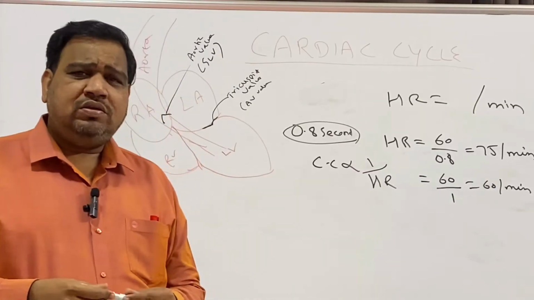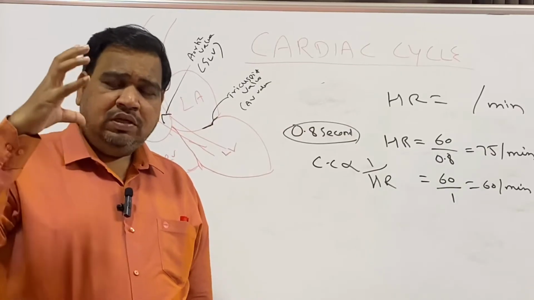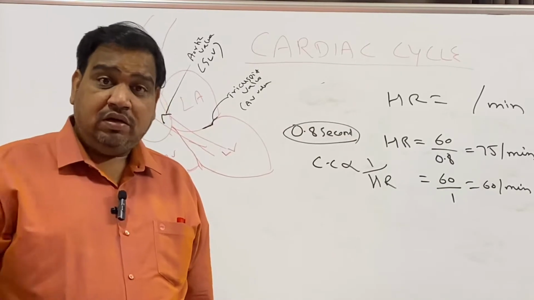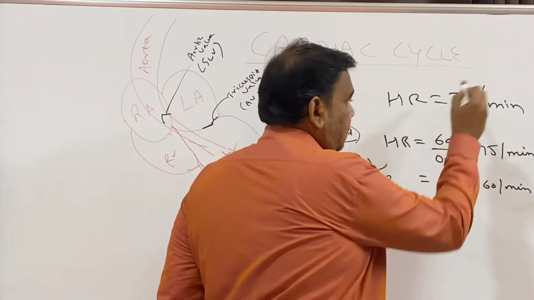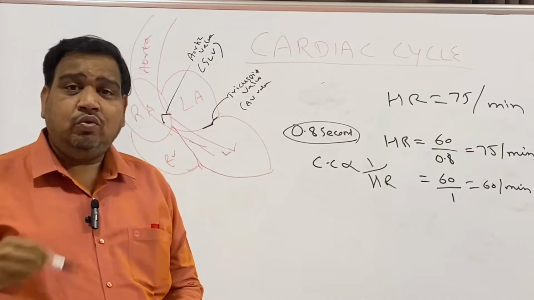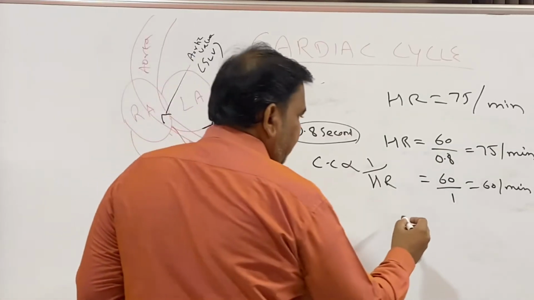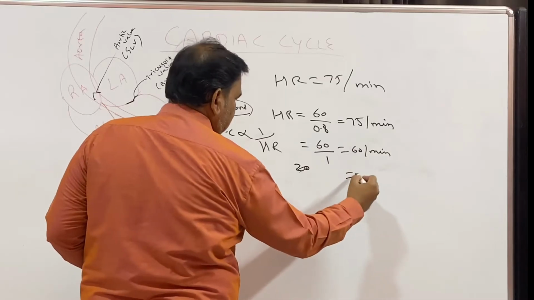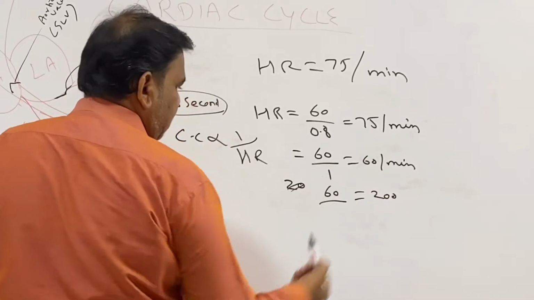Imagine your heart rate is 200, so it beats 200 times per minute. Instead of the normal heart rate of 75, it is beating 200. So what will happen to the duration of the cardiac cycle? Obviously, it is going to be very, very less. This heart rate has to come to 200. So 60 by what will be 200?